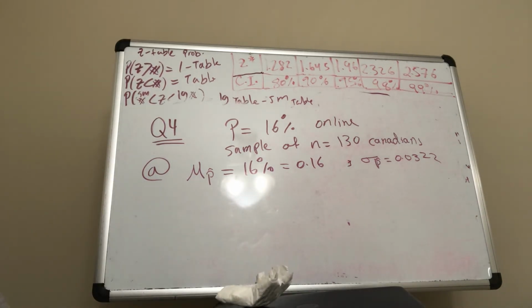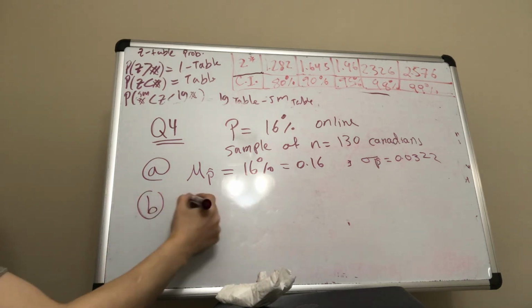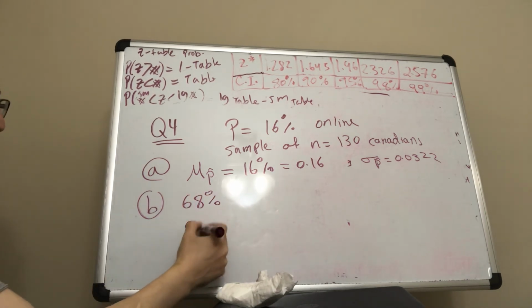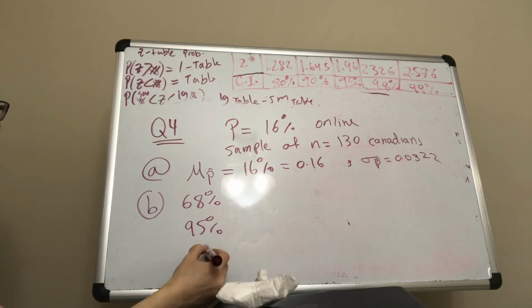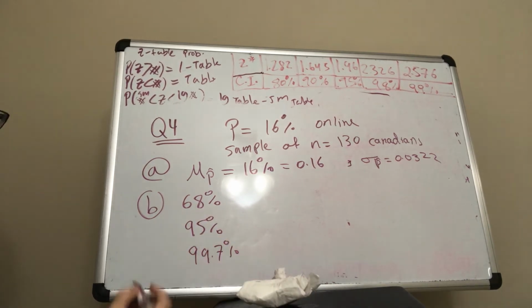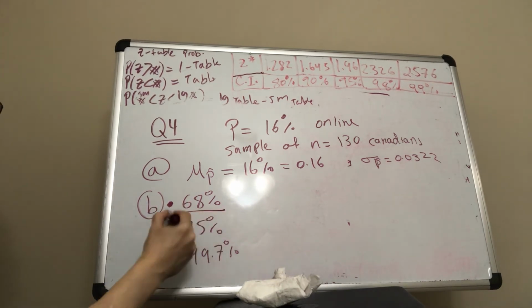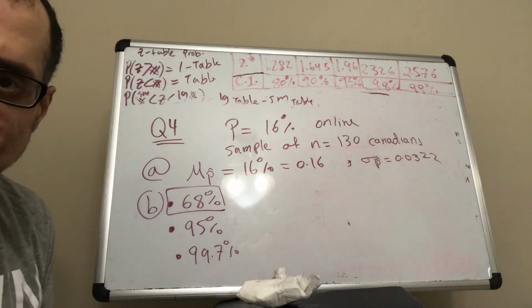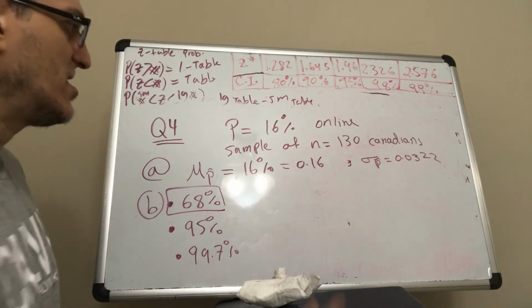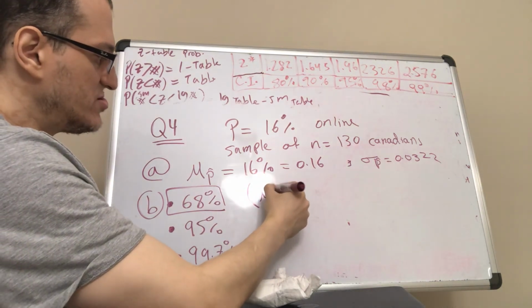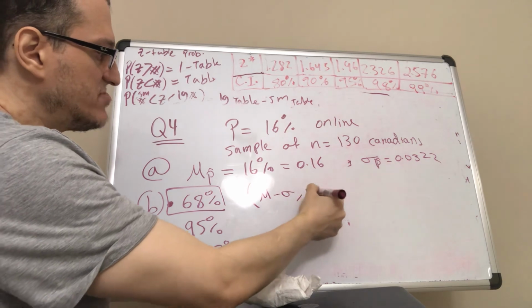Using the approximation rule, find the 68% probability range of the sample proportion. Now, they could ask for the 68, the 95, or the 99.7, one of the 3 levels. In your case, you're asked for this, but I just want to show you what it's supposed to be. So the 68 range would be mu minus sigma, mu plus sigma.